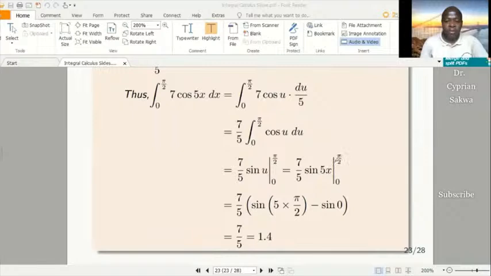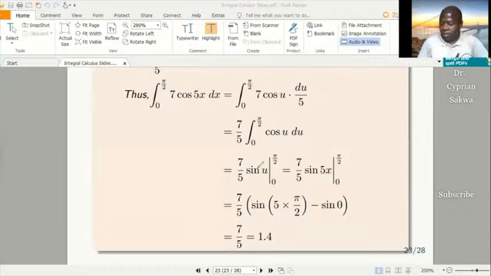So let's put pi out of 2. That is 7 out of 5 into sine of 5 times pi out of 2 minus sine of 5 times 0, which is sine of 0. Now, what is sine of 5 times pi over 2? You know that pi in angles is 180 degrees.